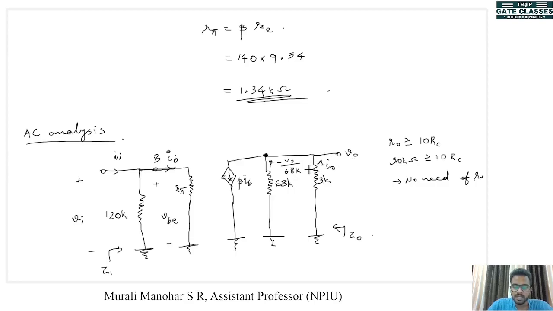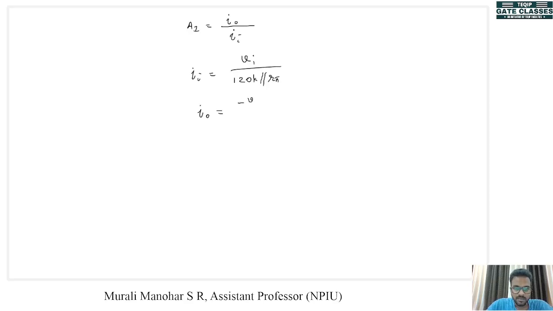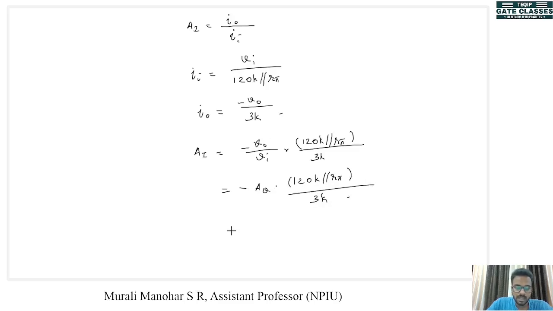So I out can be written as minus V out divided by 3K. So AI can be written as I out by II, which becomes minus V out divided by VI into 120K parallel R pi divided by 3K. Now V out by VI is AV, so this becomes minus AV into 120K parallel R pi divided by 3K.